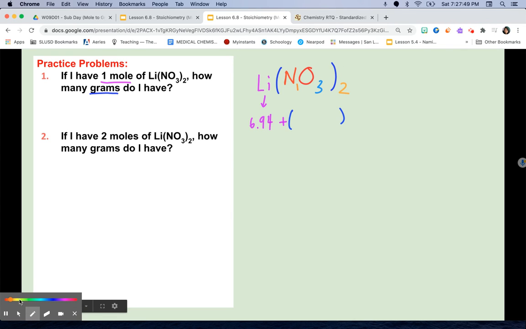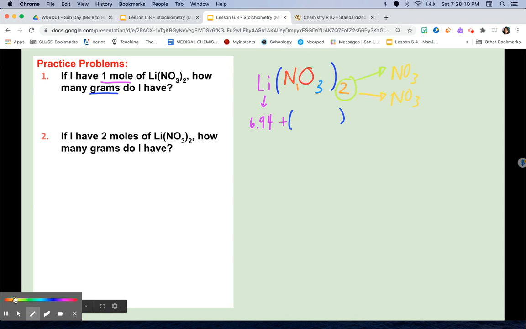Another way to write this out is that this 2 means I have NO3 and then NO3 again. So I actually have 2 N's.